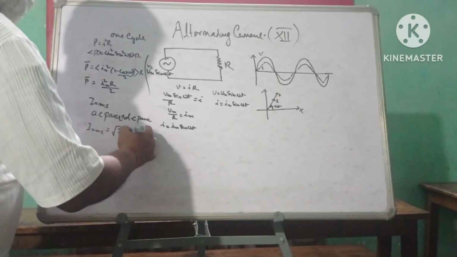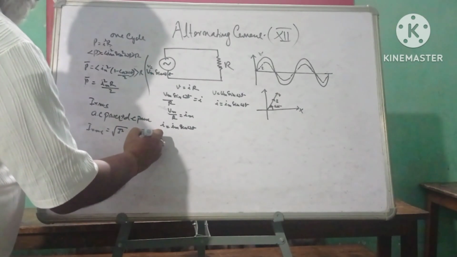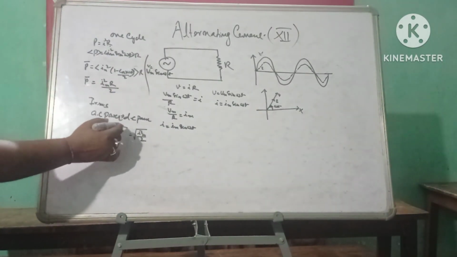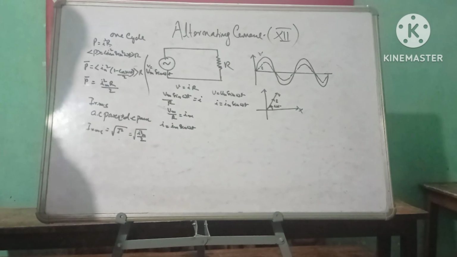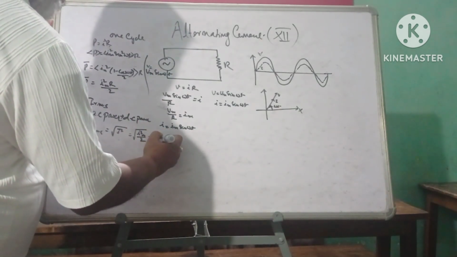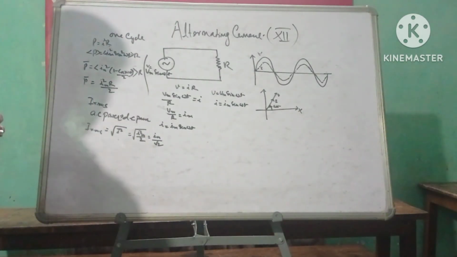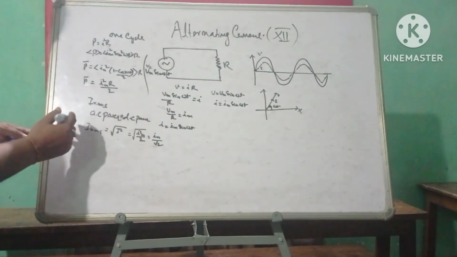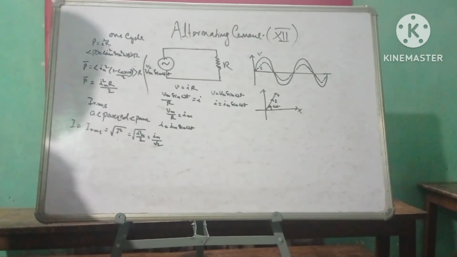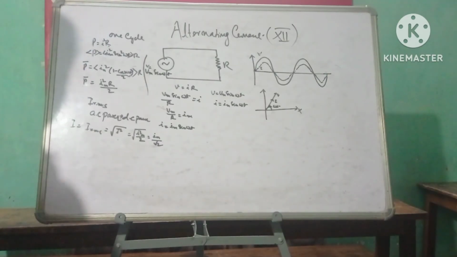So you get root of I square m by 2, which is root mean square, so you get Im by root 2. This IRMS is equivalent to your DC current. Your IRMS is equal to the DC current, and this is equal to Im by root 2.